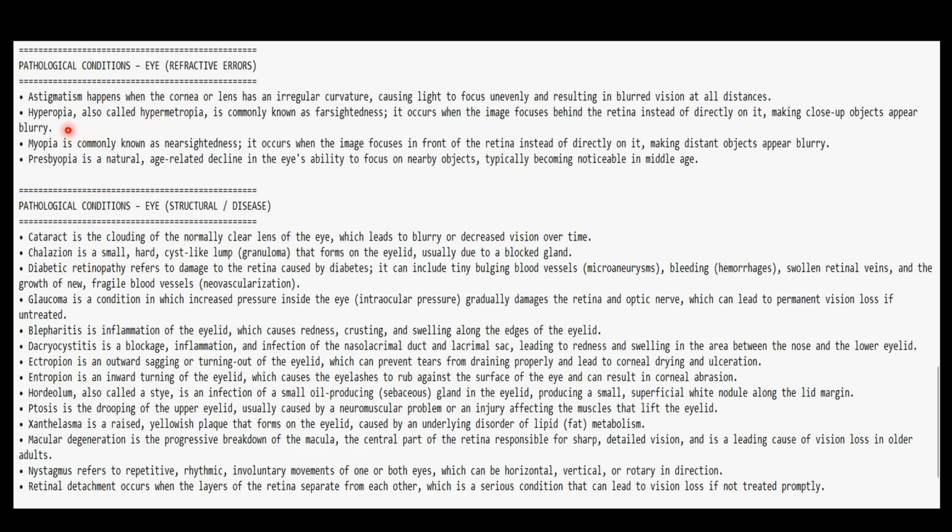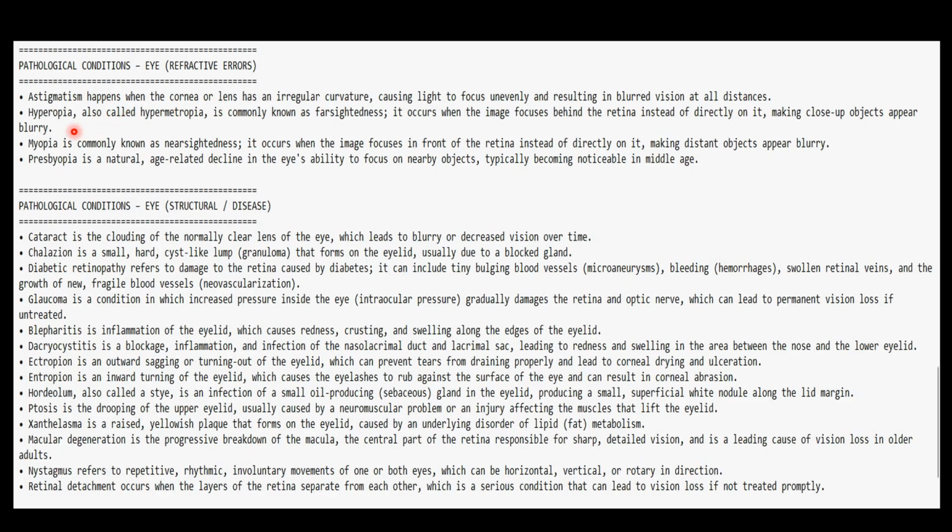Next is hyperopia, also called hypermetropia, which is commonly known as farsightedness. It occurs when the image focuses behind the retina. So just remember this: if the image is focusing behind the retina instead of directly on it, it makes close-up objects appear blurry.